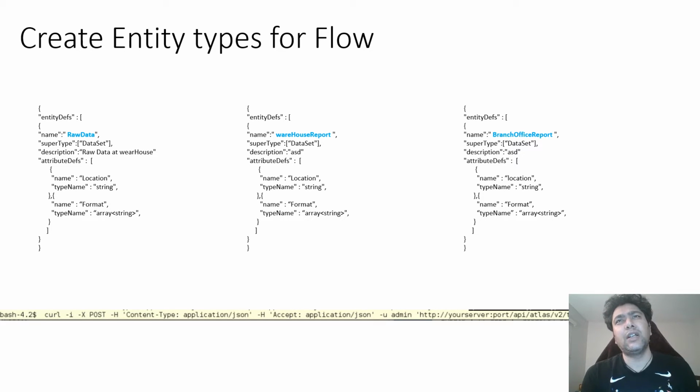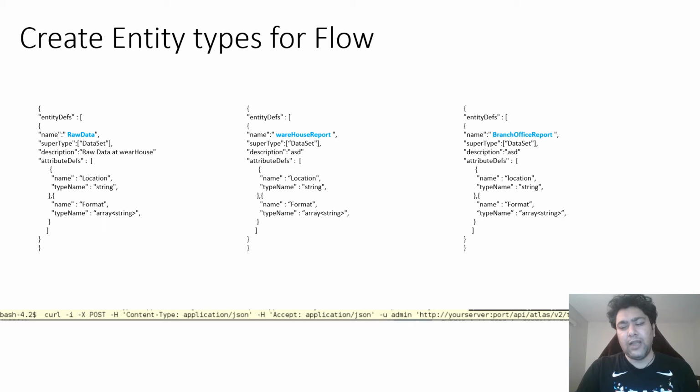Then going to the third entity type, the branch office report, it will similarly have a format because it's a dataset, which will have a schema. You can rename all these three as individual files, and using the command syntax I have shown below, this curl command, you can create these types in the metadata server.